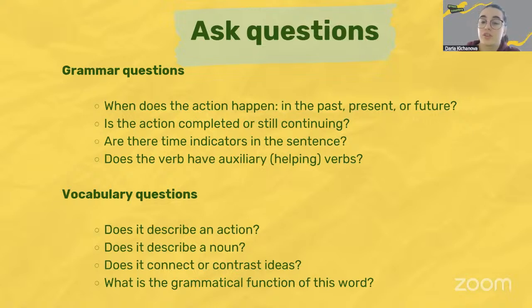When does the action happen? In the past, present, or future? So for you to understand what tense should be used, at least the tense like past, present, or future. Maybe there will be simple, continuous, perfect, but you already know the tense when the action happens.